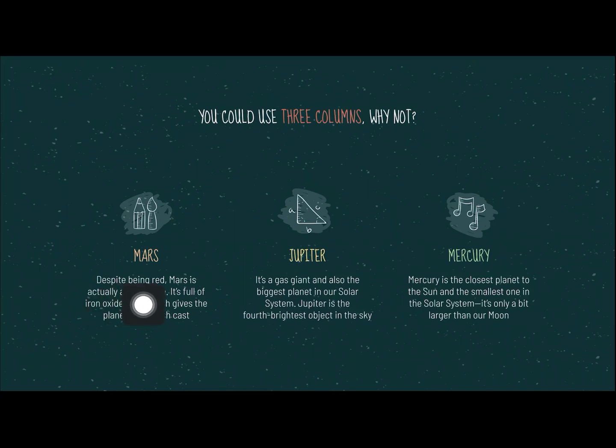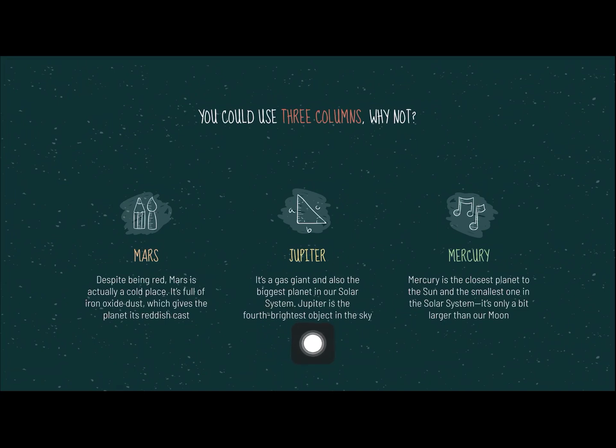Despite being red, Mars is actually a cold place. It is full of iron oxide dust, which gives the planet its reddish cast. Or Jupiter. For Jupiter, we have it is a gas giant and also the biggest planet in our solar system.